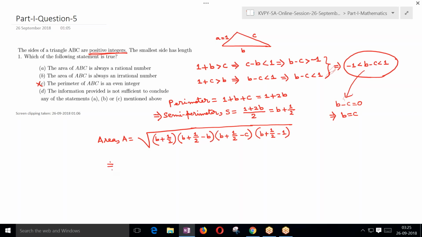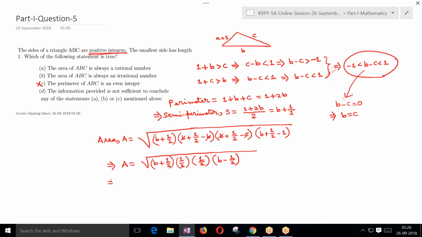So from here, what do we get? A is equal to the square root of (b plus 1) by 2. Now b and b got cancelled, so it is 1 by 2. And as b is equal to c, this and this will also get cancelled. So then this is also 1 by 2. And then it becomes (b minus 1) by 2.